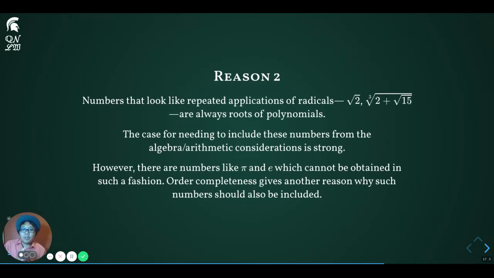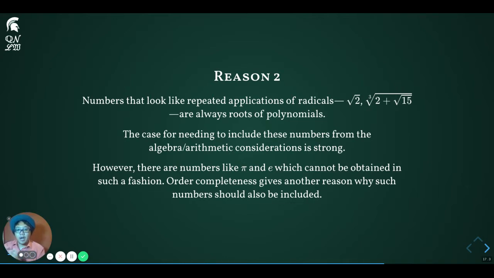A second reason is that some irrationals are more justified to be included than others. Numbers that look like repeated applications of radicals, here I give the example of square root of 2 or the cube root of the quantity 2 plus the square root of 15, can be expressed as roots of polynomials. The case of including such numbers among the real numbers is strong from the algebra point of view.